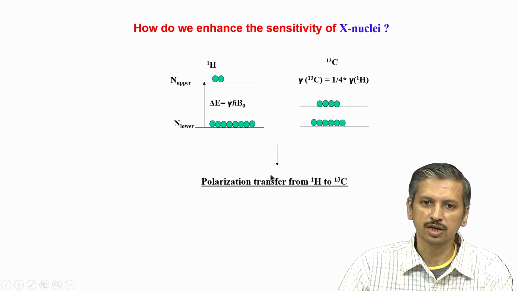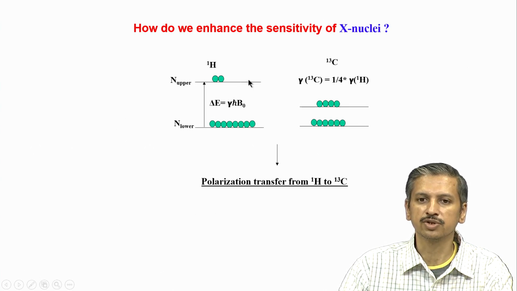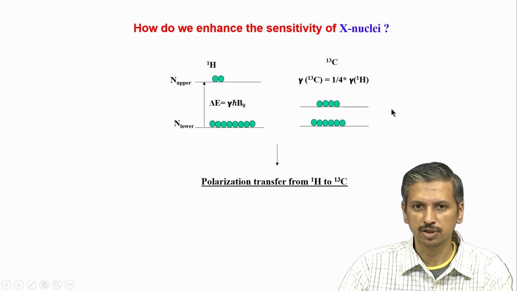The same thing happens in the case of NMR. You can think of this polarization as a bank balance, as an asset, as a positive point for proton, because the difference matters, and the higher the difference, the more is the energy, the more is the sensitivity of the nucleus. So, hydrogen is 8 times or 4 times more than carbon. Hydrogen can donate its population difference to carbon, or to nitrogen in the case of a nitrogen heteronucleus.